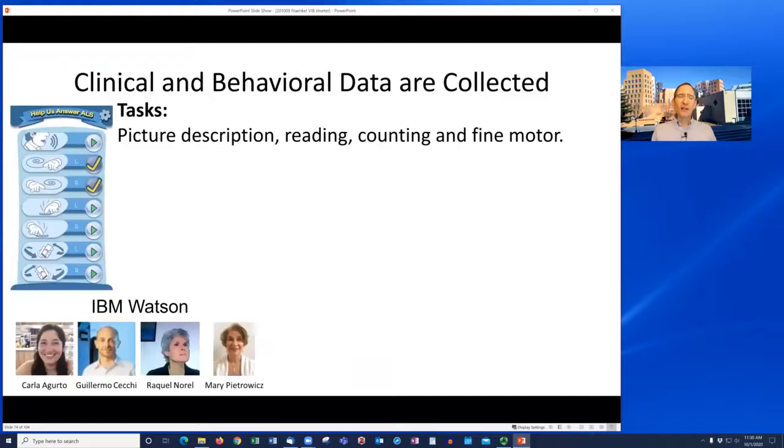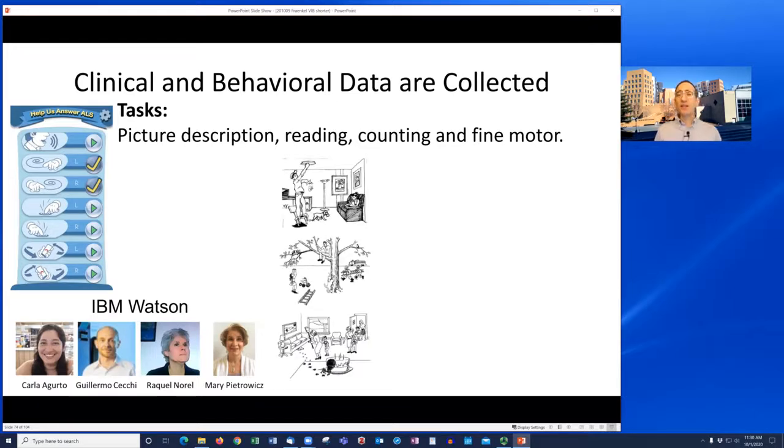What kind of data do we collect? Well, in addition to taking their cells into the lab, we gather clinical data from these patients. So we learn a lot about their disease progression. We've also started using a phone app to monitor some behavioral symptoms. And so one really exciting aspect of this is trying to measure some cognitive changes by showing the patients a picture, like the picture shown in the middle of your screen, and asking the patients to describe what they see.